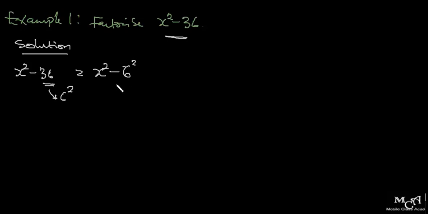So at this point, I'm asking again, is this a perfect square or difference of two squares? Perfect square, the square is always outside. But here, these are individual values carrying their square. So this is difference of two squares. Remember how we used to solve difference of two squares, which is a minus b, a plus b. So how are we going to solve this? We open two brackets.